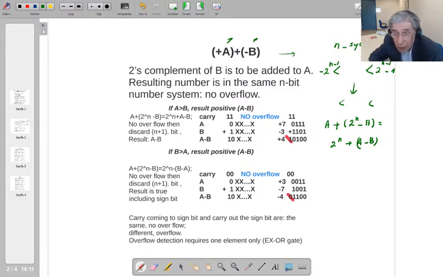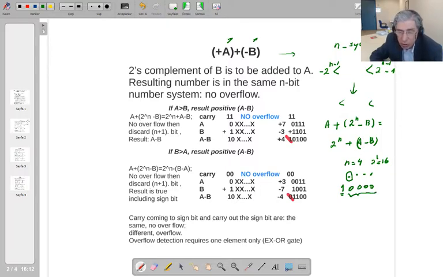2 to the power n is, if you remember that number system 4, we were going to have 4 bits, and that's going to be the sign bit. When it is 2 to the power 4, that is 16. 16 is this, isn't it? That one is not inside of our number system, because we are talking about the 4 number system.